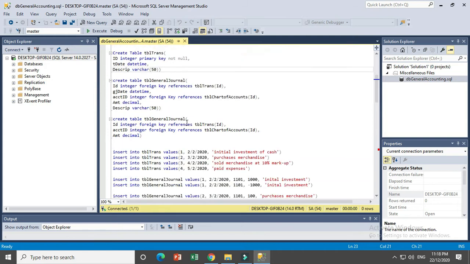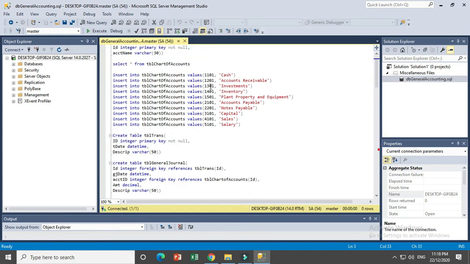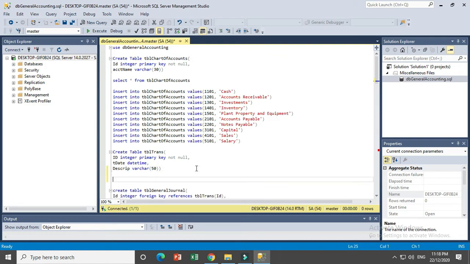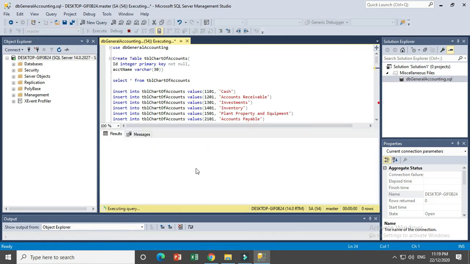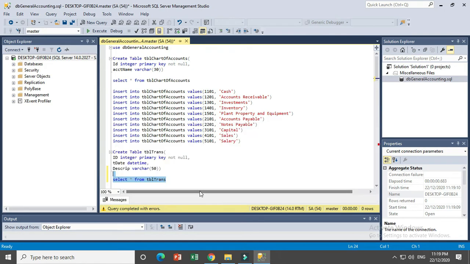Okay, so if we take a look at this, we're going to query the table Trans. Oh, I'm sorry. What happened there? Why is it select?